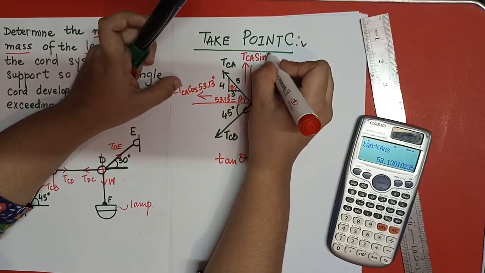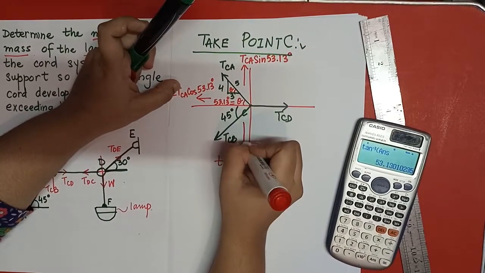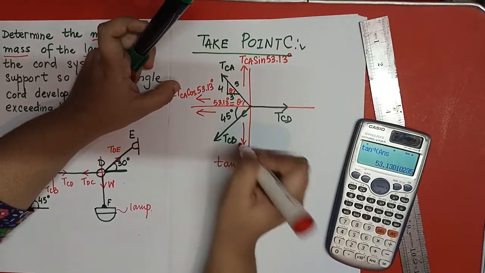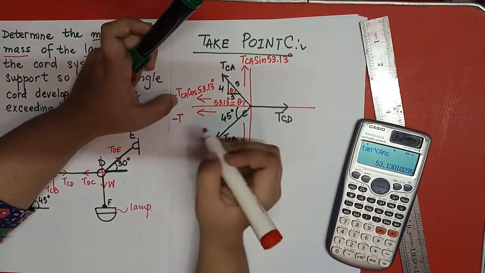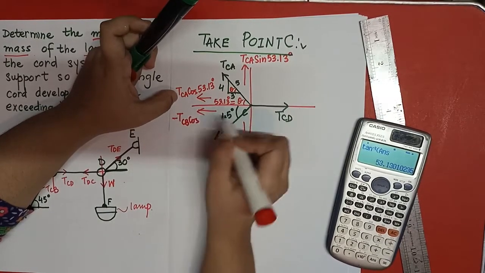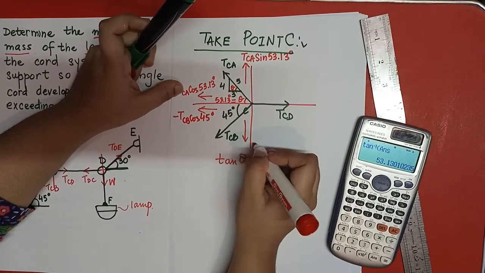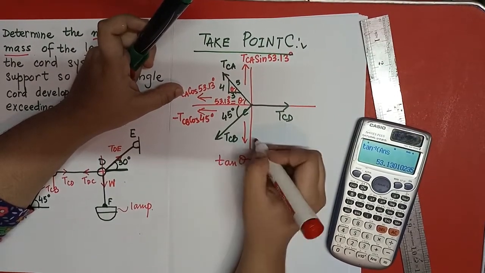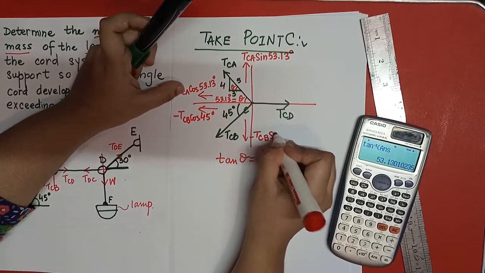There is another force, tension TCB, which is also acting parallel to the negative x-axis, so TCB cos of 45 degrees, and it is also acting parallel to the negative y-axis, so TCB minus sine of 45 degrees.